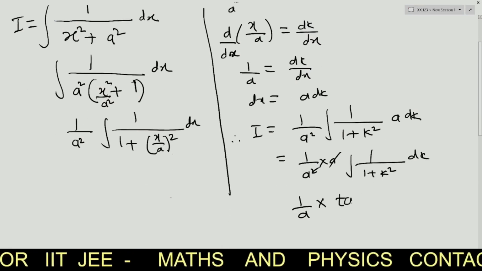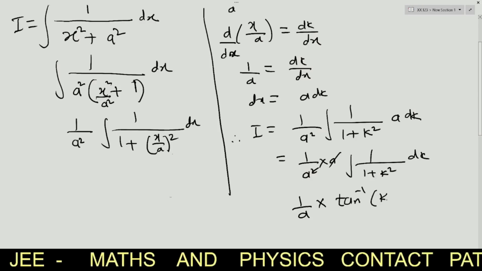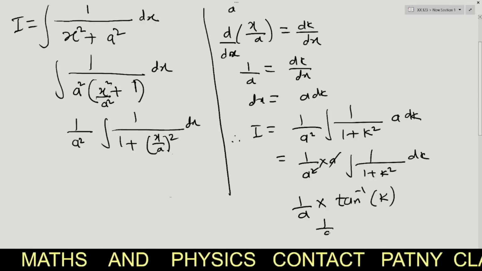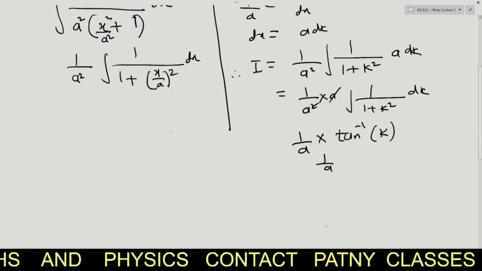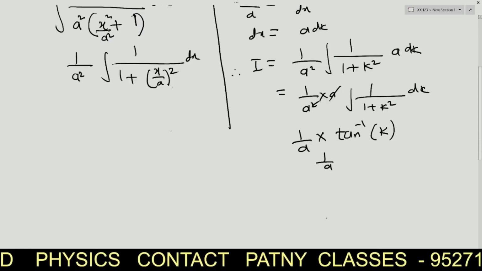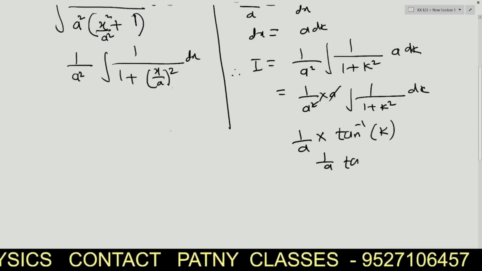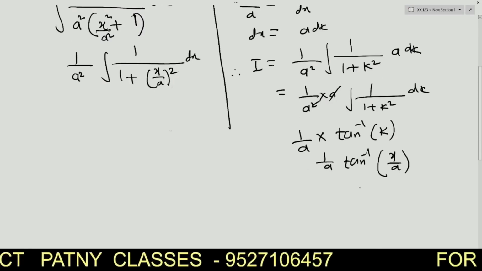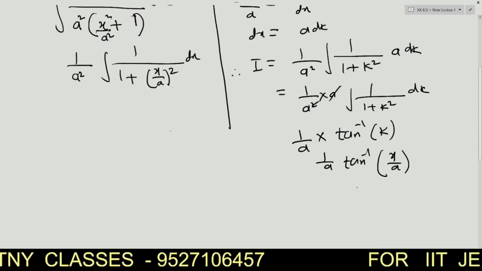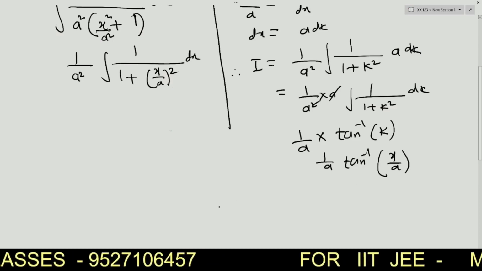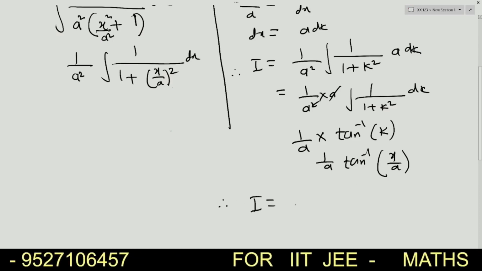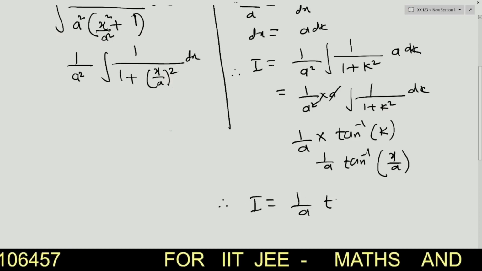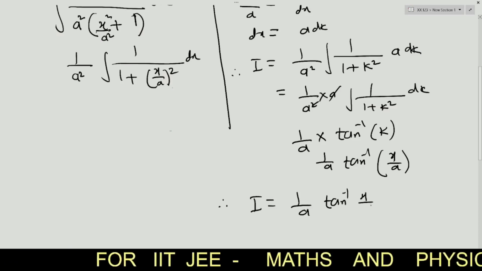is nothing but tan inverse of k, and k is nothing but x upon a. So putting back the value of k, that is x upon a, I becomes 1 upon a tan inverse x upon a.